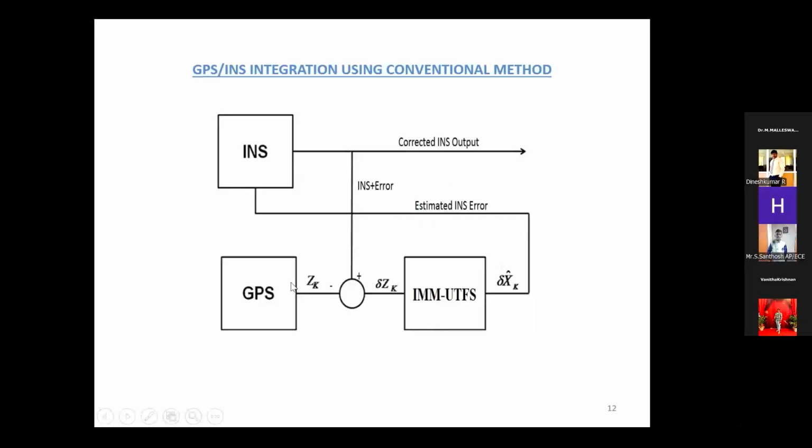See, this is a classical or conventional method of integrating navigation systems like GPS and INS. So what is the drawback in this system? Why do we want to move to an intelligent based system? Because whenever you use an interacting multiple model like the Kalman filter, it consists of a memory backup.